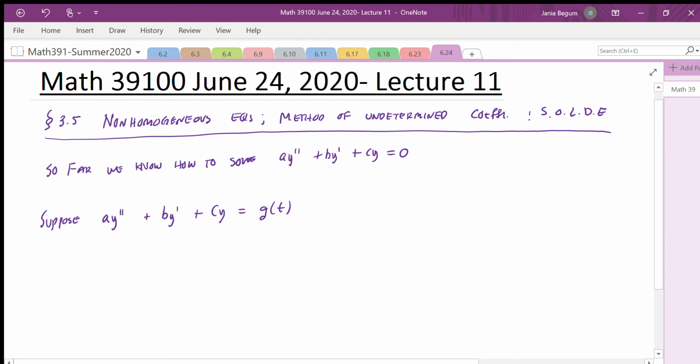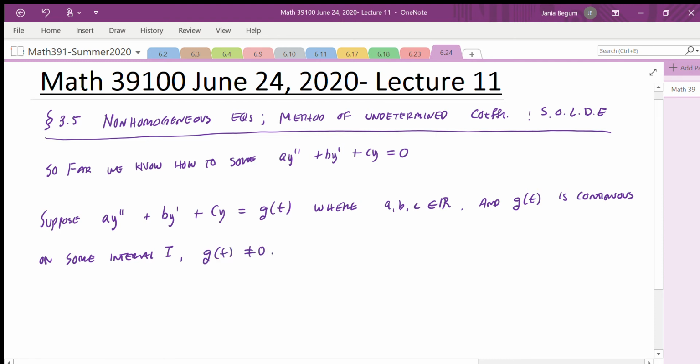I'll restrict g of t as we go on, where a, b, c are real values and g of t is continuous on some interval I. Strictly, g of t is not 0, because if it's 0, then it's homogeneous.